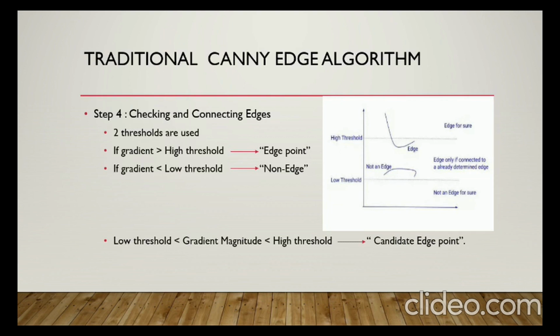Using this step we can find the edges. So these are the four steps in the traditional Canny edge algorithm. After that we are going to discuss some of the problems related to this traditional Canny edge algorithm.